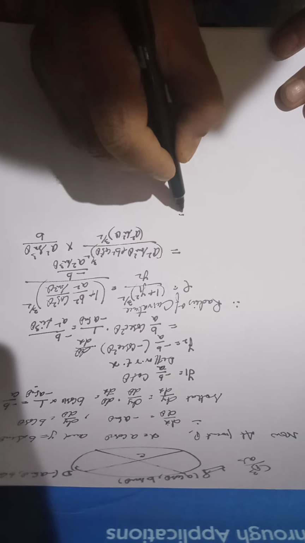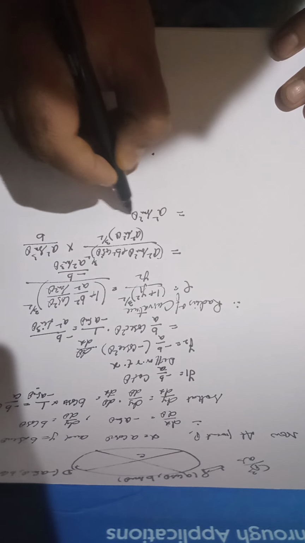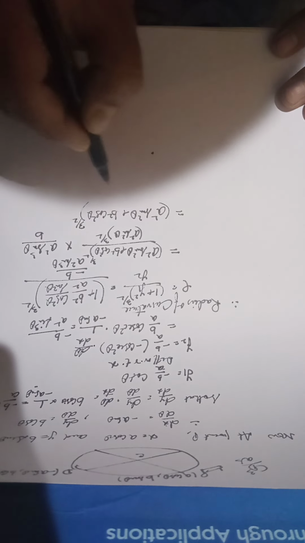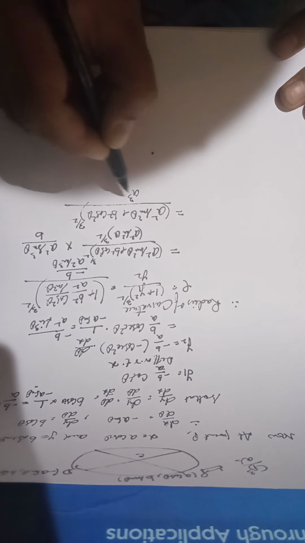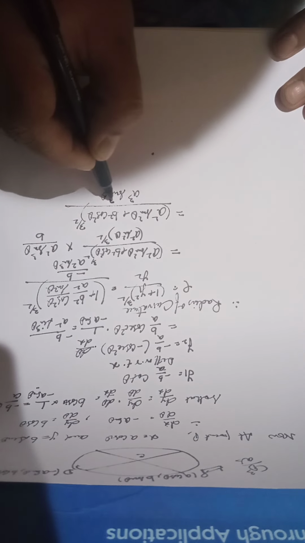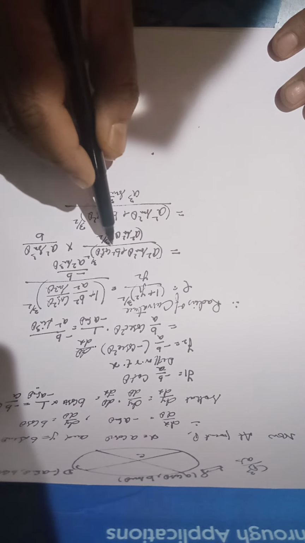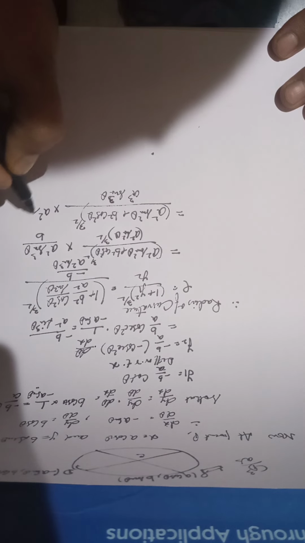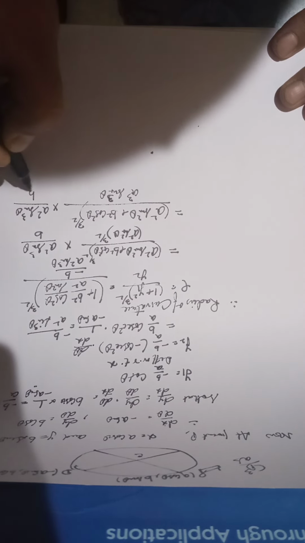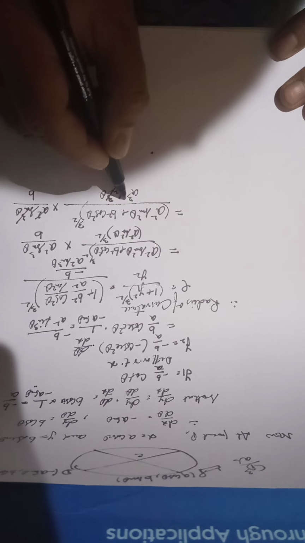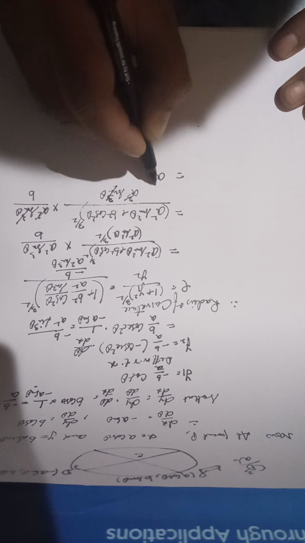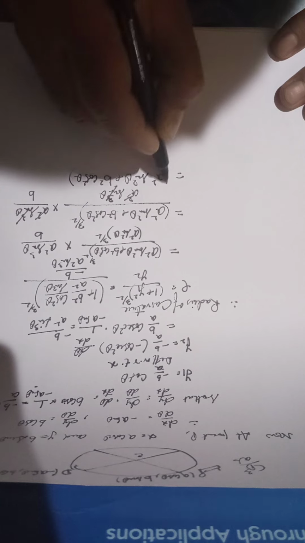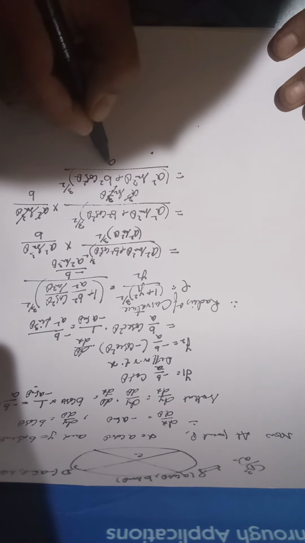So this is equal to a square sin square theta plus b square cos square theta raised to the power 3 by 2 divided by a cube sin cube theta. Because this is a sin theta whole square raised to the power 3 by 2, it is a cube sin cube, and this is a square sin cube theta by b. Sin cube cancels, a square and a square goes. This is a square sin square theta plus b square cos square theta raised to the power 3 by 2 divided by ab.